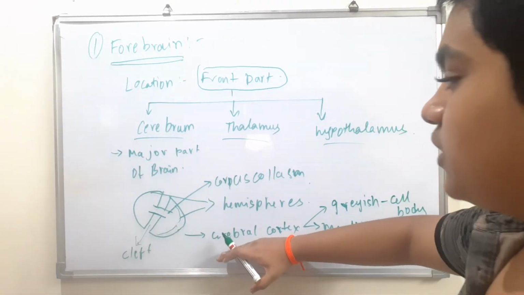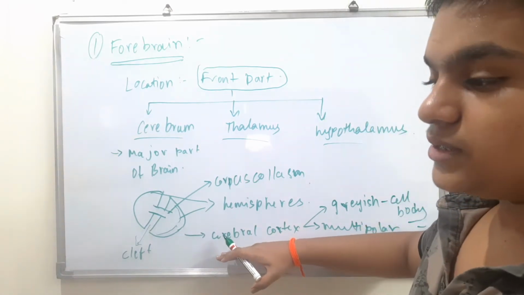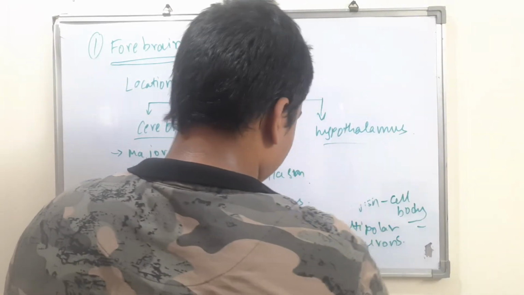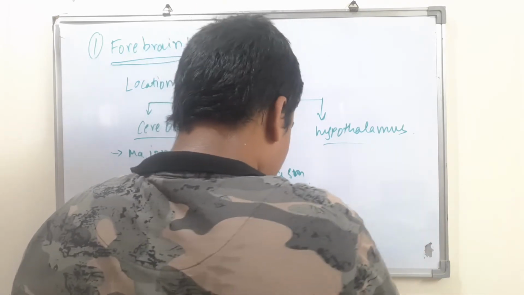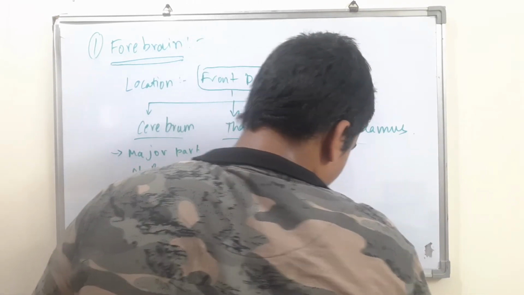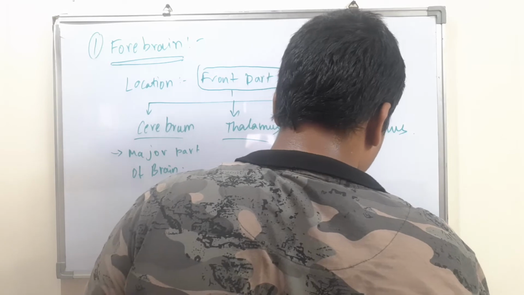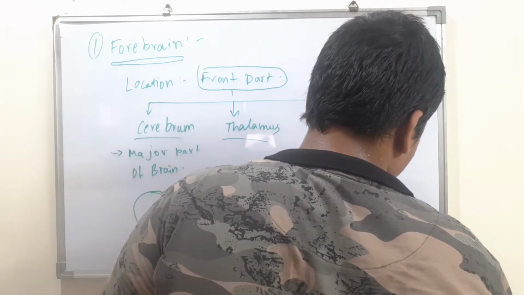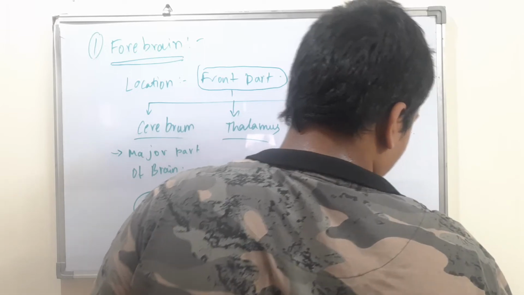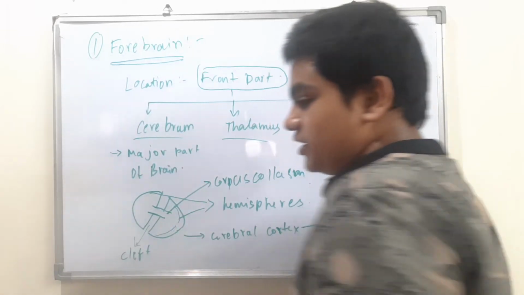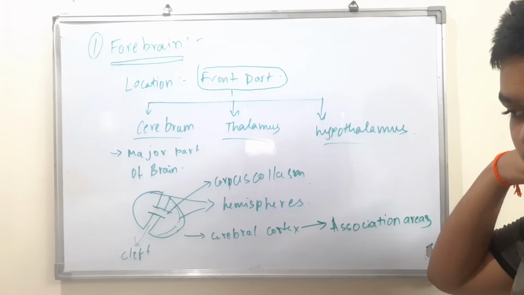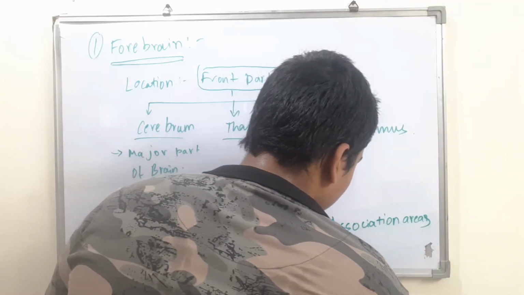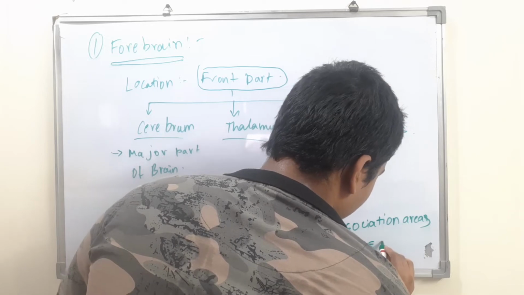This is very important. This cerebral cortex has association areas, which are responsible for memory and communication.